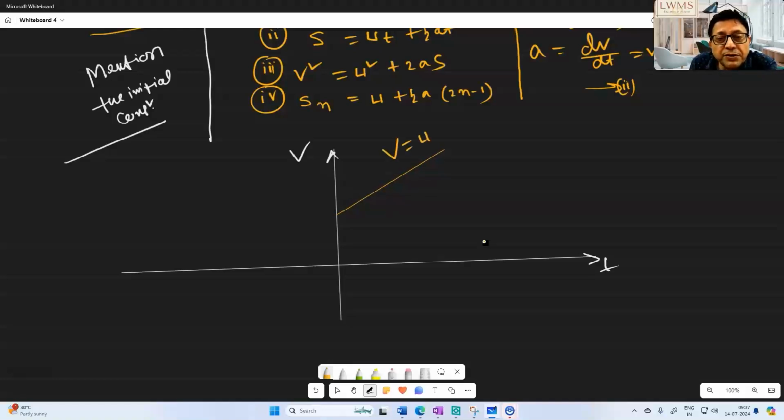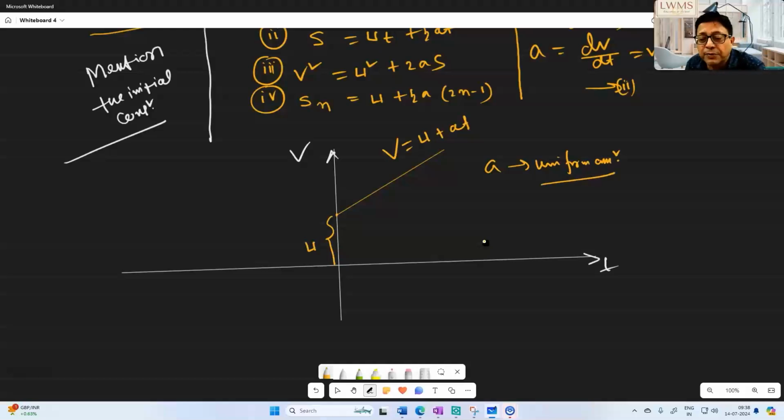This part is the initial velocity u, and a stands for uniform acceleration. This graph will change if retardation is there.